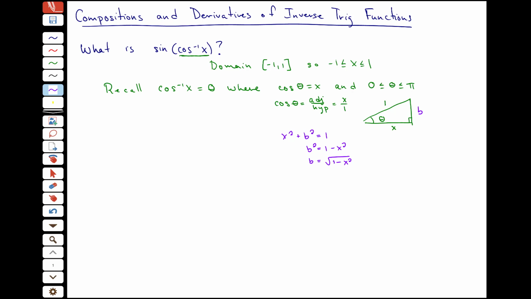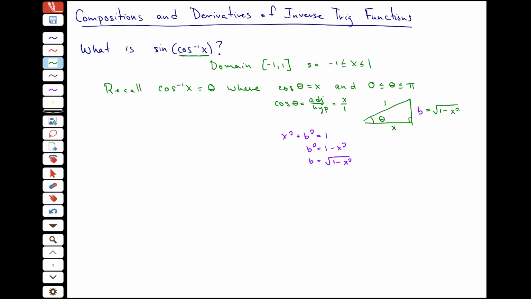But in this case, we're talking about the length of a side of a triangle, and we know that our angle is between 0 and pi, so we know that this vertical length is actually positive. So we know that b has to be the positive square root of 1 minus x squared.